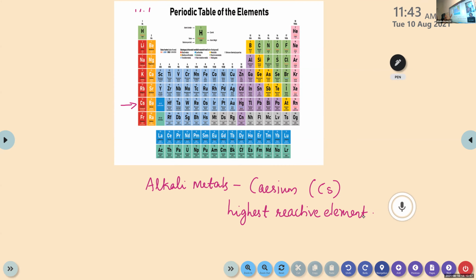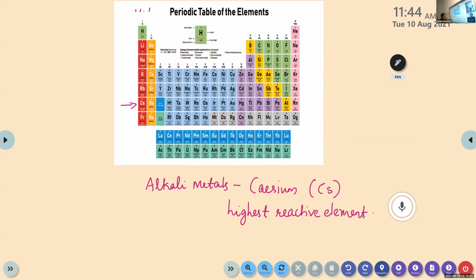In group 1, francium is the last one, so francium would be considered the most reactive element. But in the case of francium, Fr, it is not much reactive. It's an exceptional case, so we are leaving francium. Then we are taking cesium. It is the highest reactive element in group 1, the alkali metals.